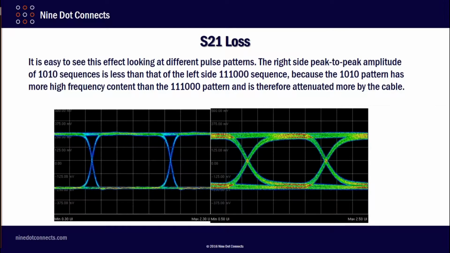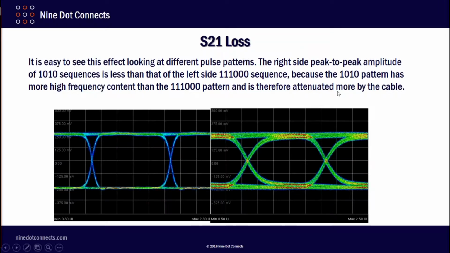Now, it is easy to see the effect looking at different pulse patterns. The peak-to-peak amplitude of the 1010 sequence on the right side is less than that of the 111000 sequence on the left side, because the 1010 pattern has more high frequency content than the left-hand pattern. And why is that?